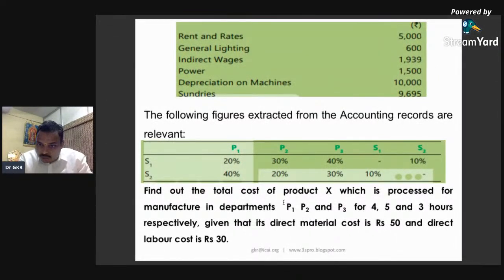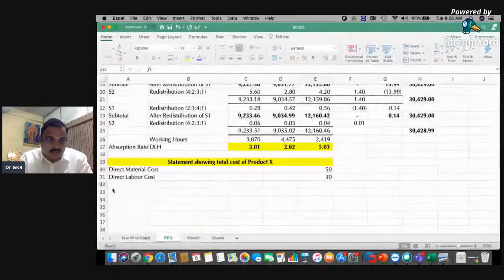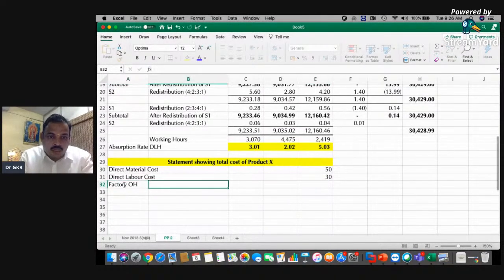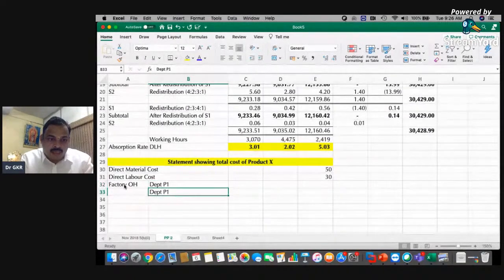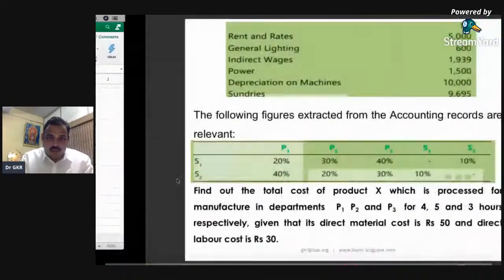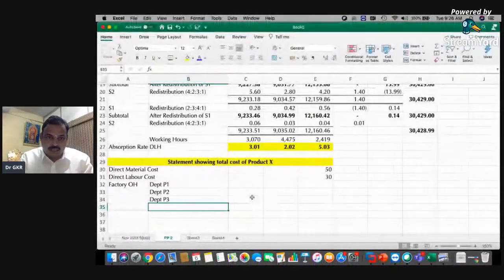P1, P2, P3 is 4 hours, 5 hours, and 3 hours. So your factory overheads are department P1, department P2, and department P3. How many hours? 4, 5, and 3 hours.